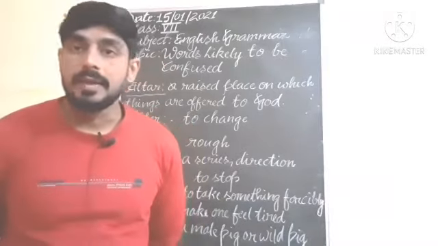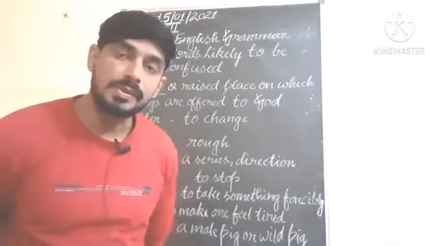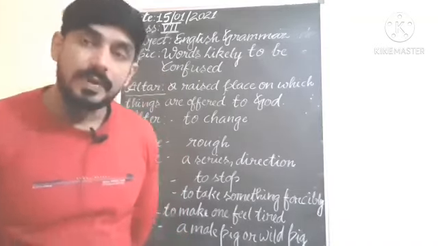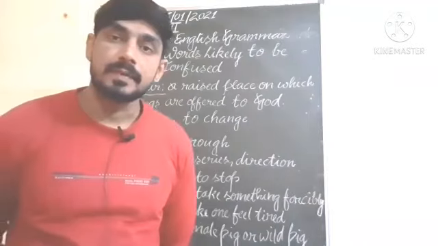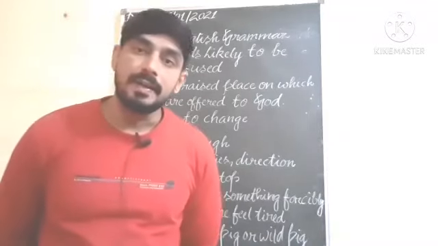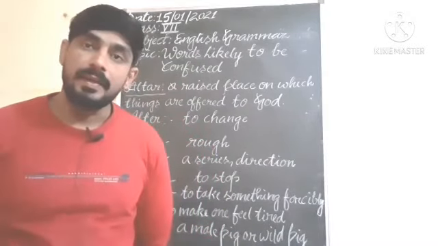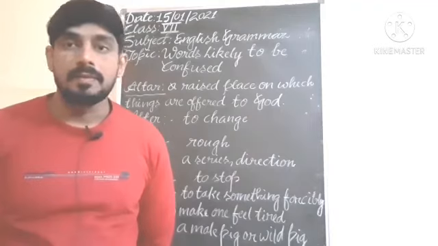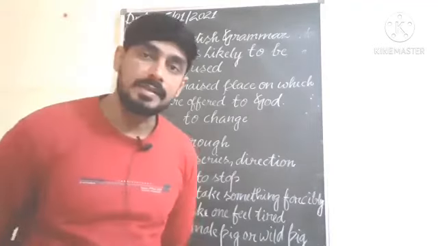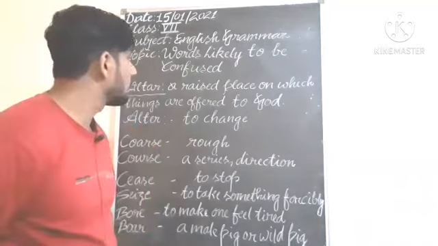Dear students, now we will start the new chapter, and the chapter name is words likely to be confused. Here we will get words which are spelled differently, but they are pronounced in the same way, and the meaning is different. Understand? These words are known as homophones.